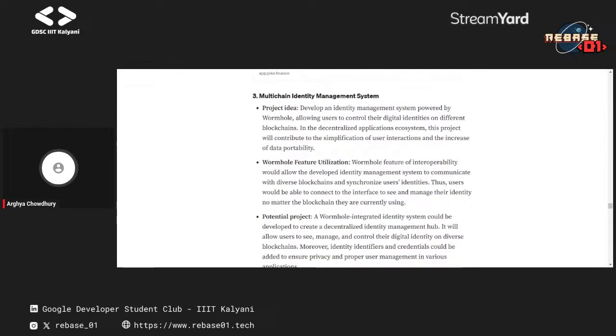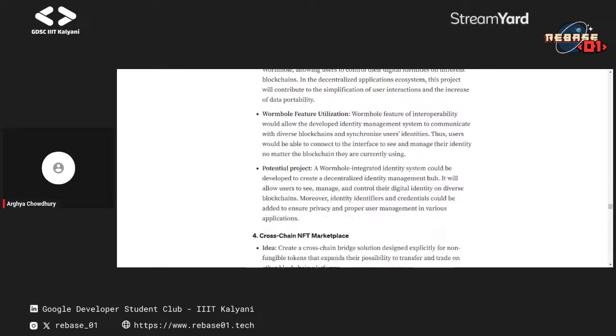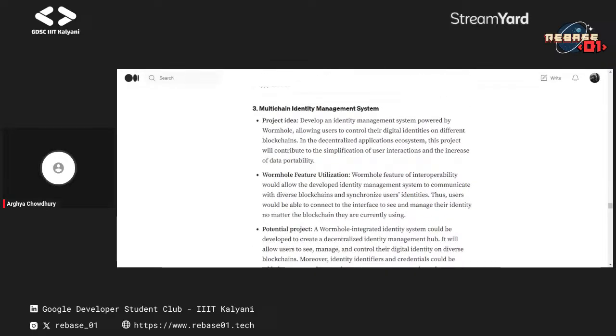Also, then there is a multi-chain identity management system, like one identity for everywhere. I don't know if you guys have heard about Unstoppable Domains, where you can have one domain and build cross chain, like one domain for every blockchain. There is one particular identity for everywhere.